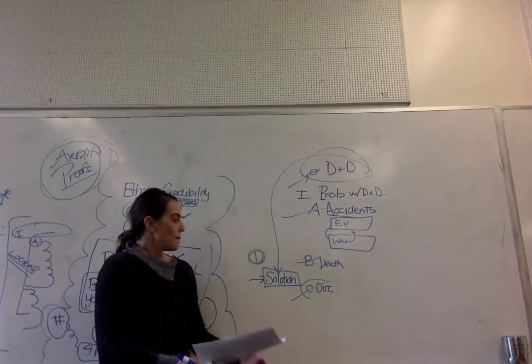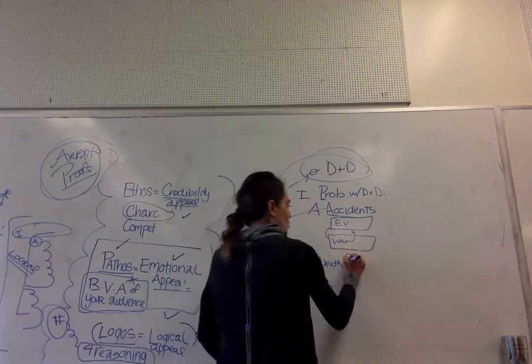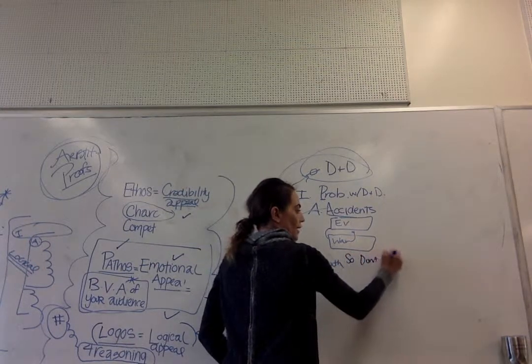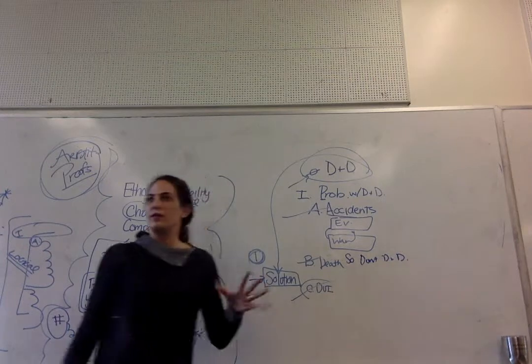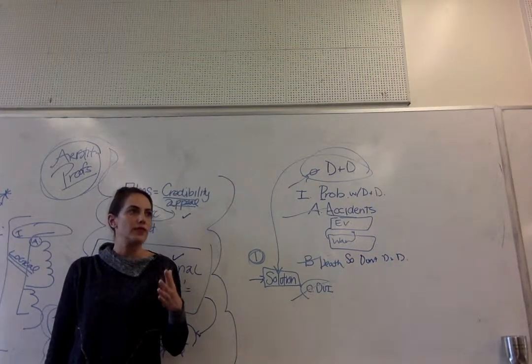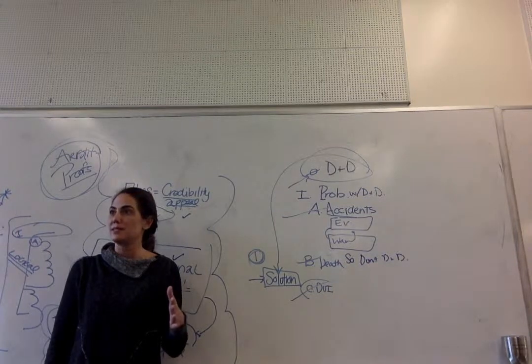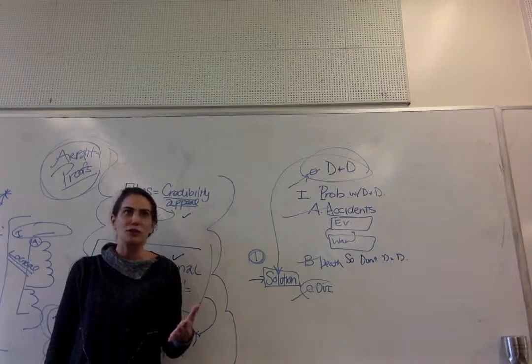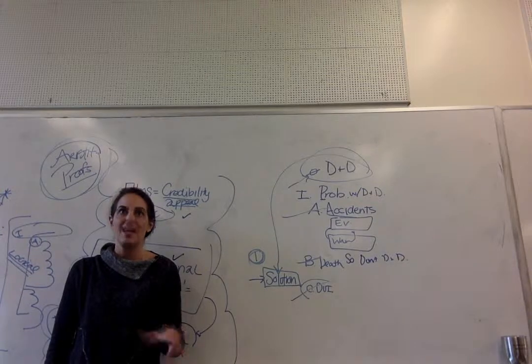For example, I would say something like, so don't drink and drive, right? We would look at these accidents. There are these accidents that are going on. We know that these accidents can be prevented by a simple step of not drinking and driving. Therefore, I urge each of you to not drink and drive, period.